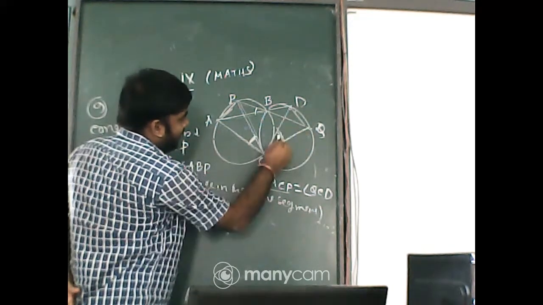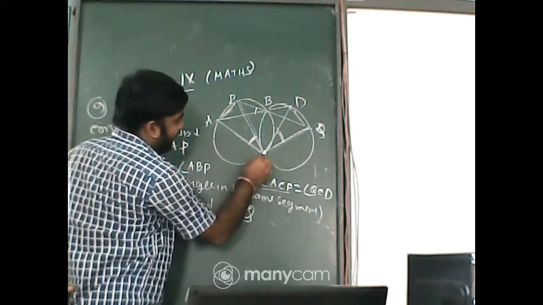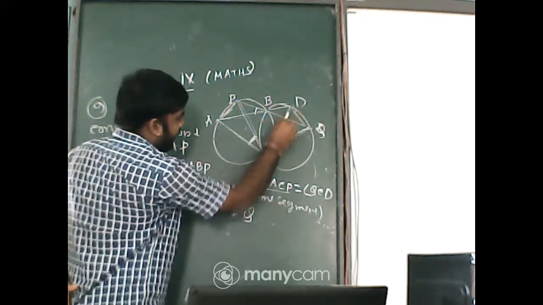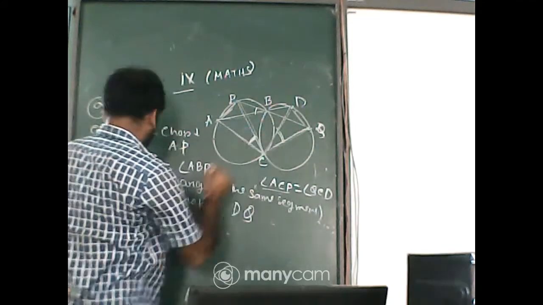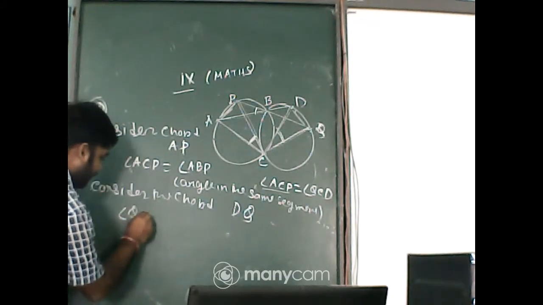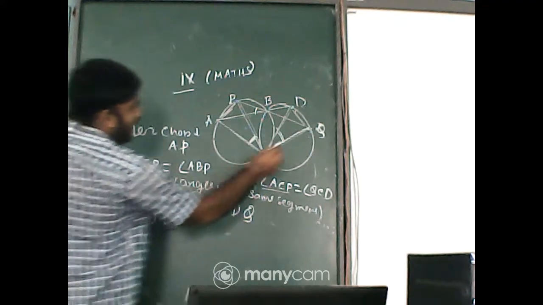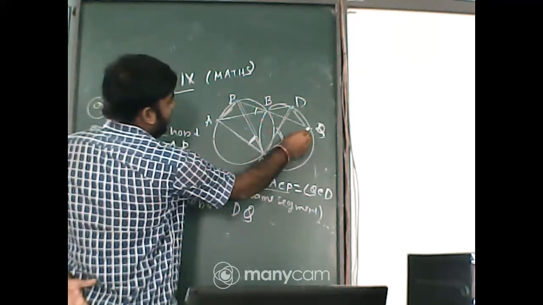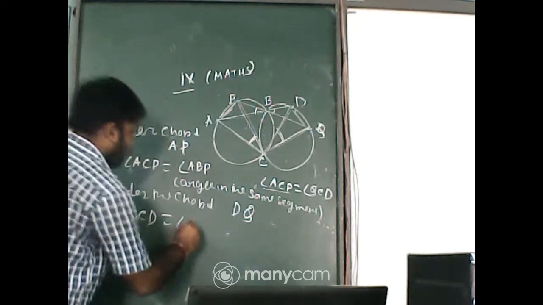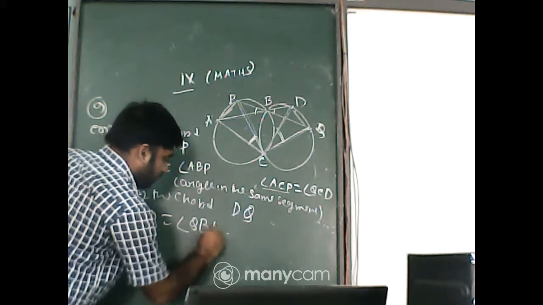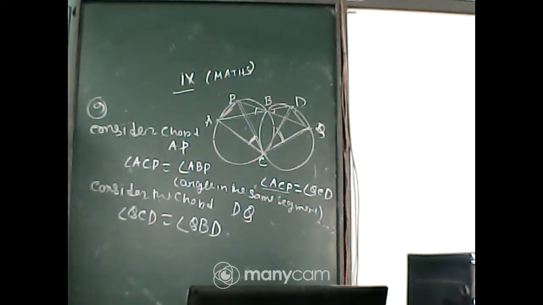DQ chord subtends an angle, that is DCQ or QCD, same angle QCD, equal to, and again this chord subtends another angle here, that is angle QBD.